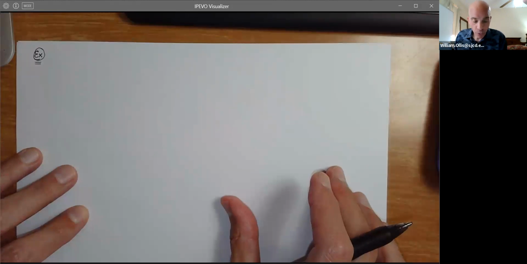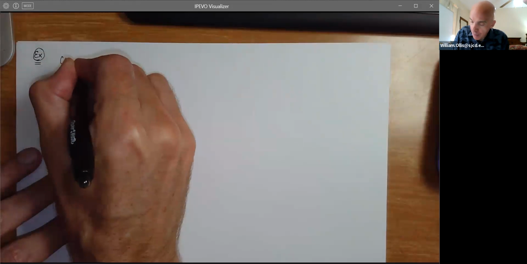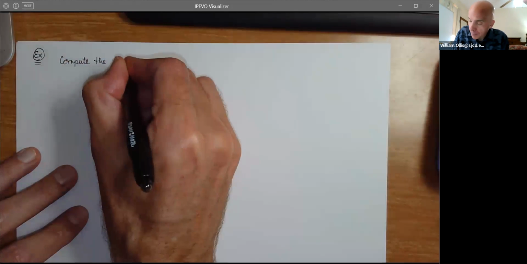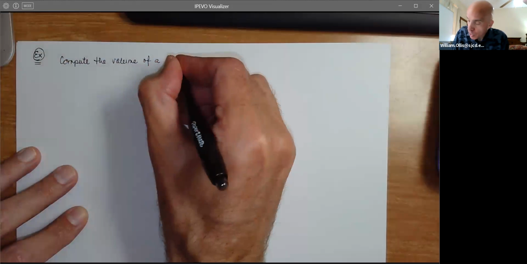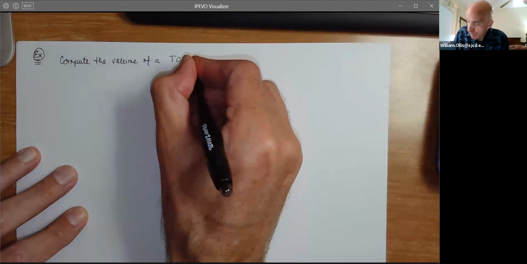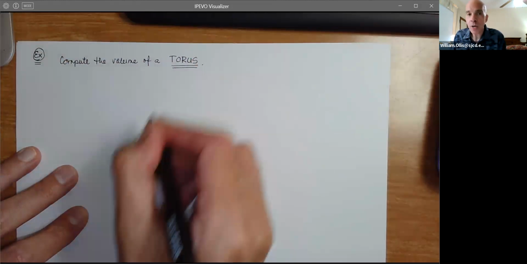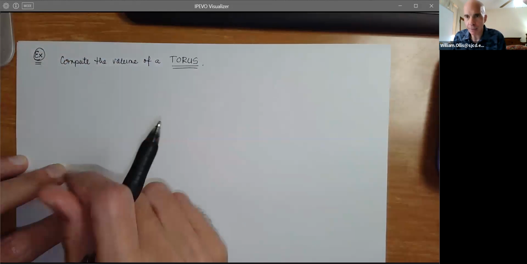So now what we want to do is compute the volume of a torus. Now, that's a word you may not have used before. The torus is the inner tube shape, the donut shape.